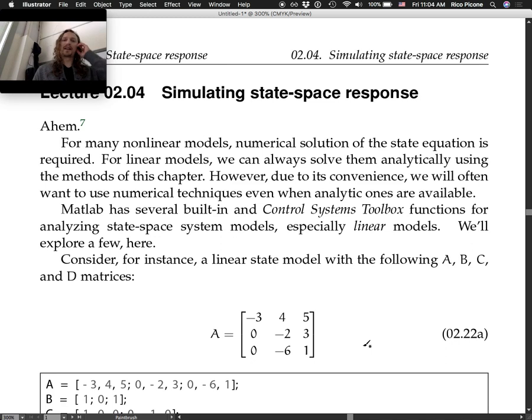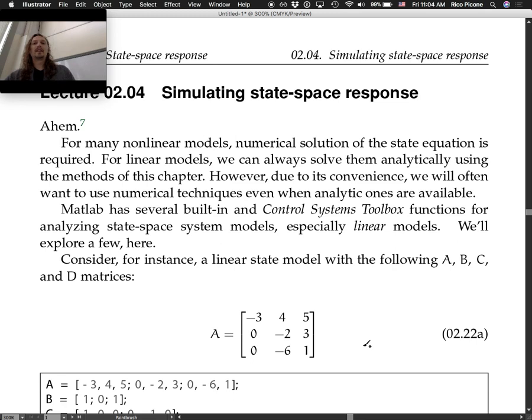So even though we use the analytic solution as part of this lecture, I'm going to show you how to use it in a numerical way, in addition to the pure numerical solution. This lecture requires the Control Systems Toolbox for MATLAB. The first part doesn't, but later on, the numerical part does.